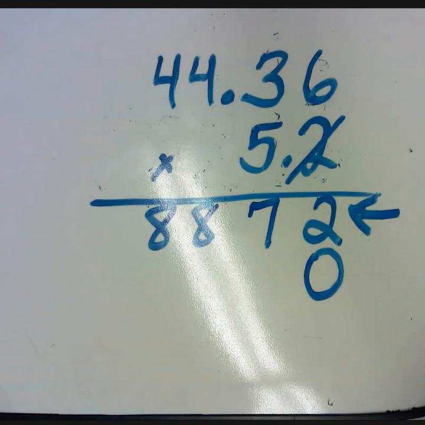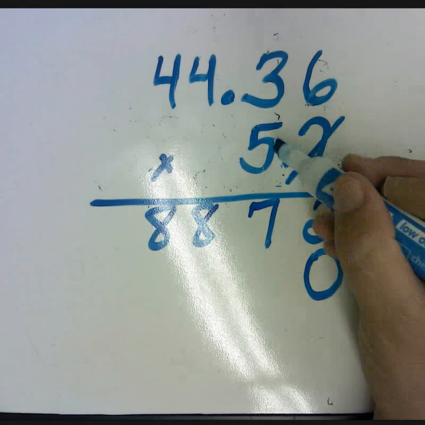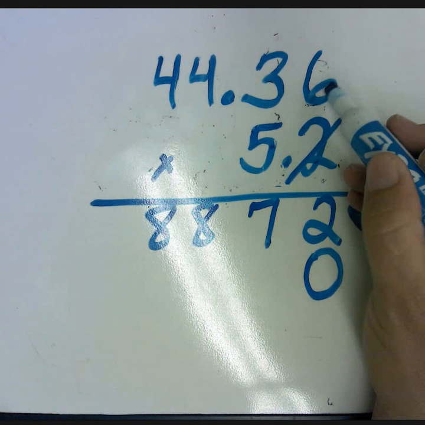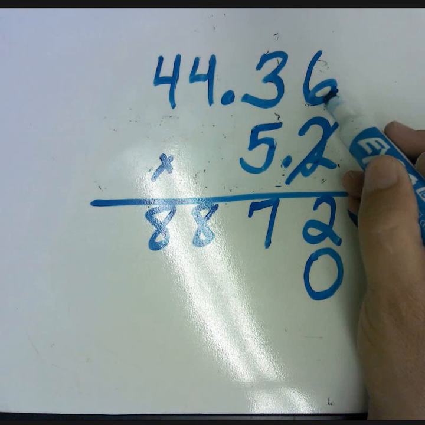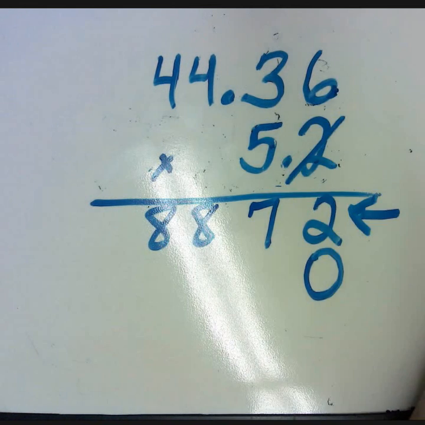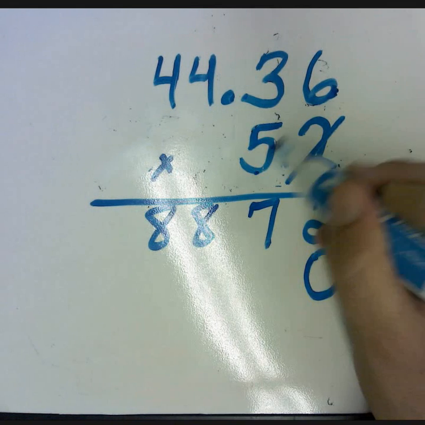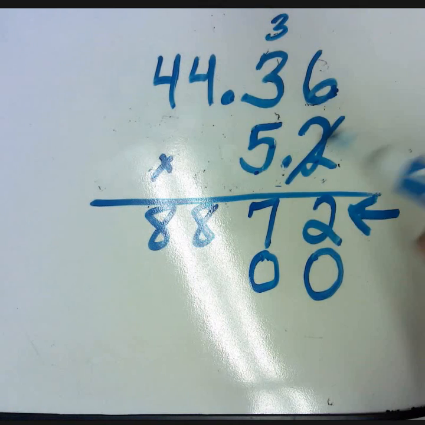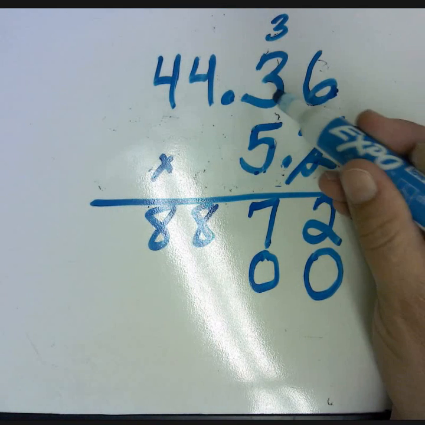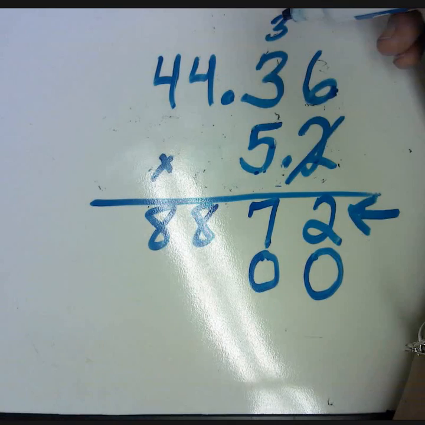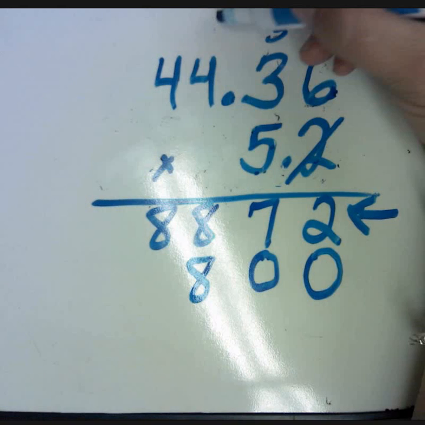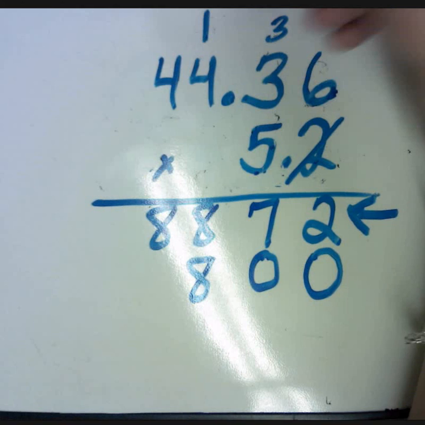5, always starting with the number farthest to the right. So 5 times 6 is 30. Put a 0 there. 3 here. 5 times 3 is 15. Plus 3 is 18. So I'm going to put the 8 there and carry this 1, which is actually a 10. And then you're going to do 5, excuse me, times 4 is 20.